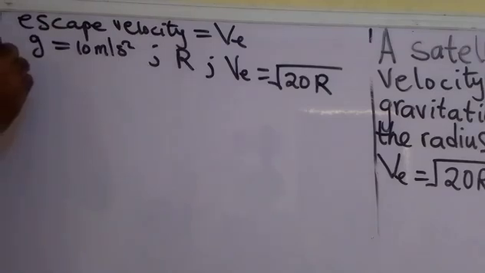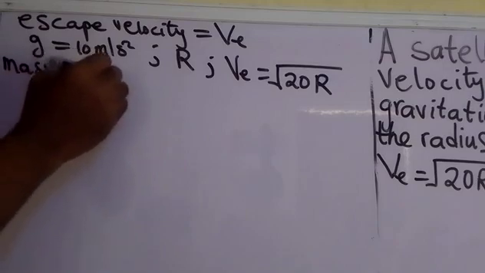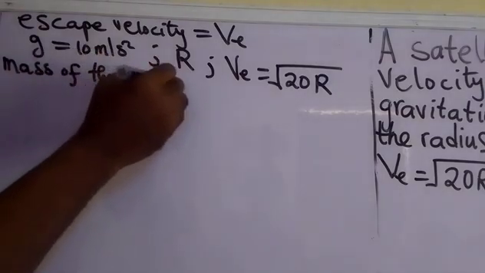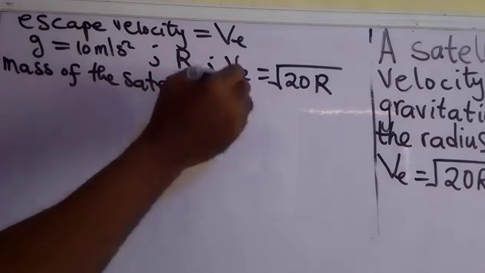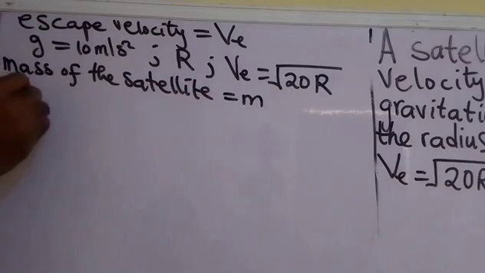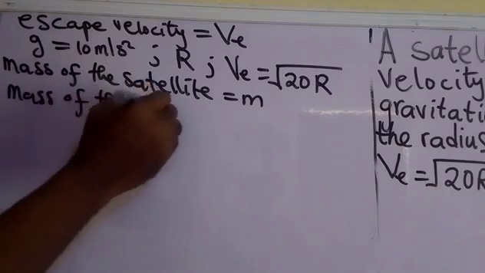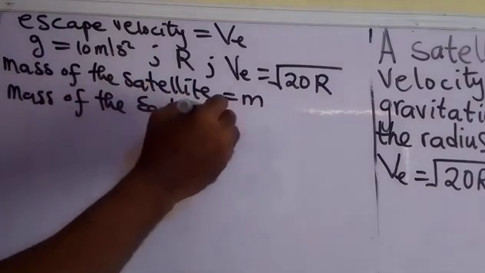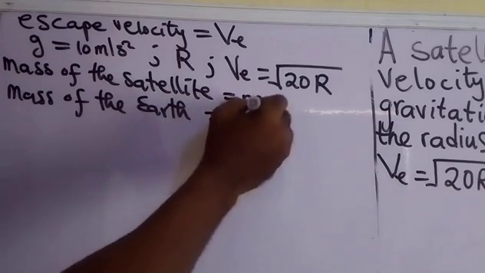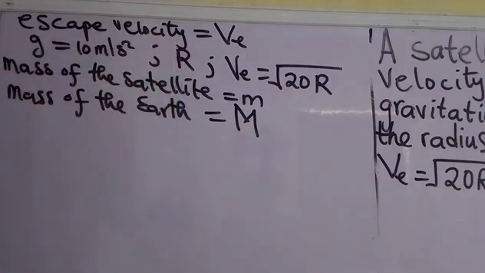Now, let's say mass of the satellite, what should it be? Let's call it small m. Then let's say mass of the Earth, let's use capital M. Don't forget capital R is radius of the Earth.